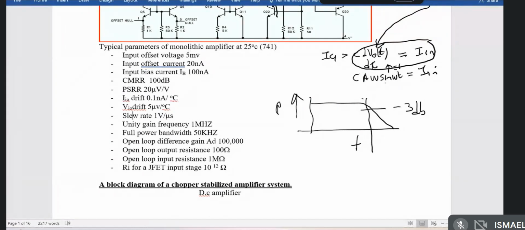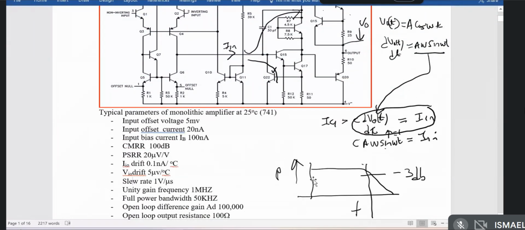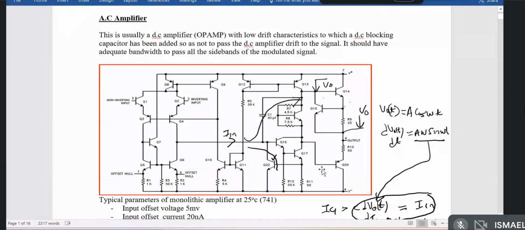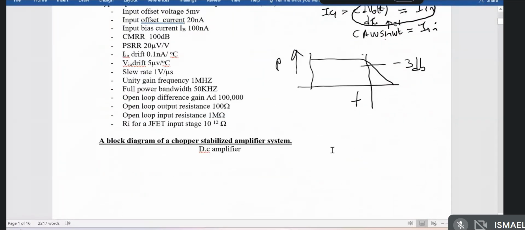Then the open loop gain, AD, 100,000, depends on the op-amp. Then the open loop output resistance, the resistance seen looking back at the output, is typically maybe 100 ohms.